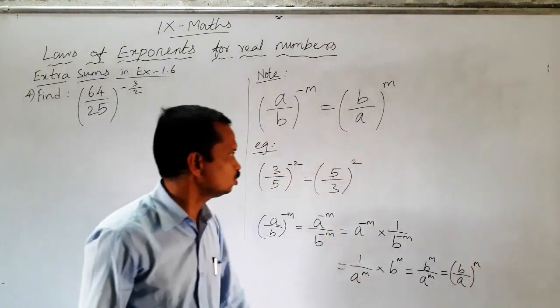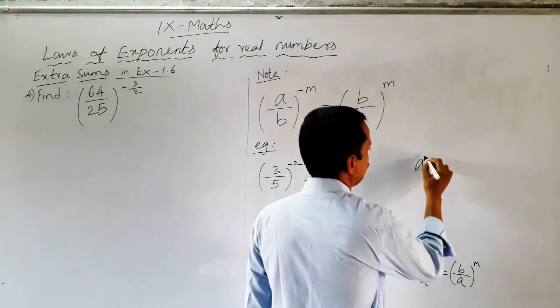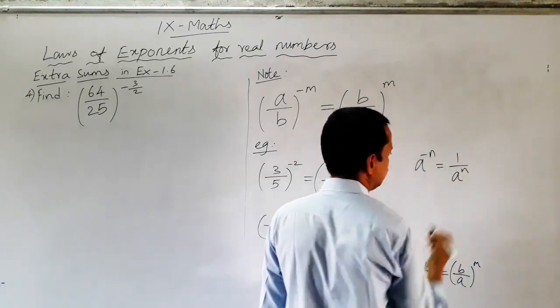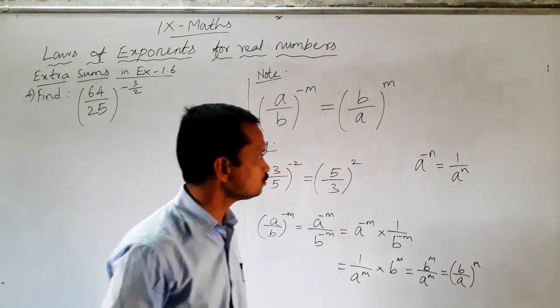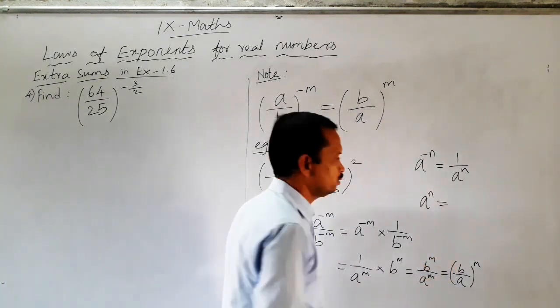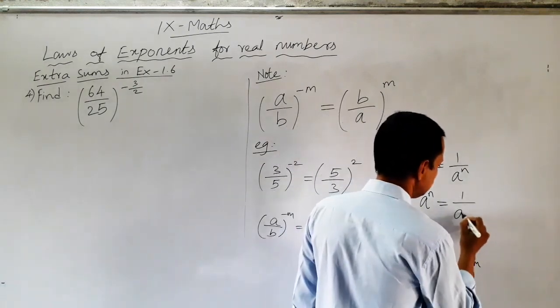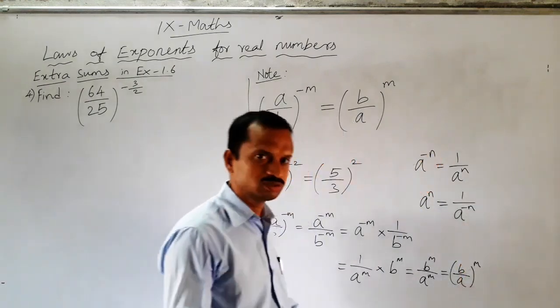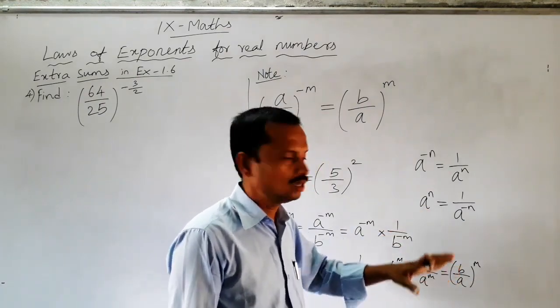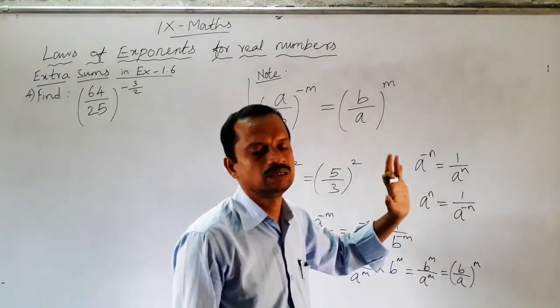So this is the way. You know already, a power minus n is nothing but 1 by a power n. Clear or not? And if you have a power n and want to write it with a negative exponent, then you can write a power minus n. So both are the same. Just if you take the reciprocal of a base, the sign of the exponent will change.